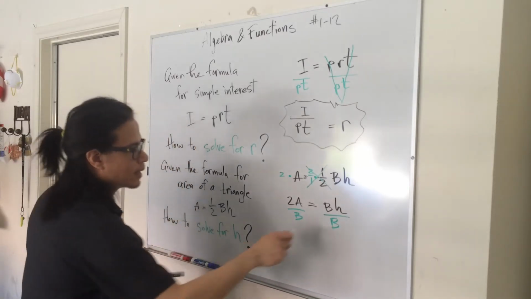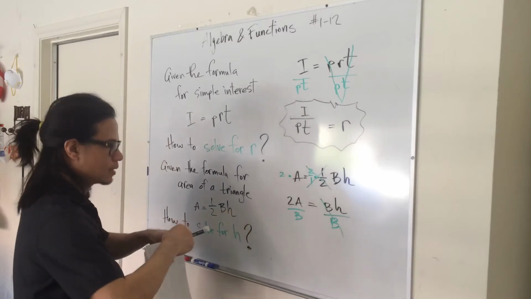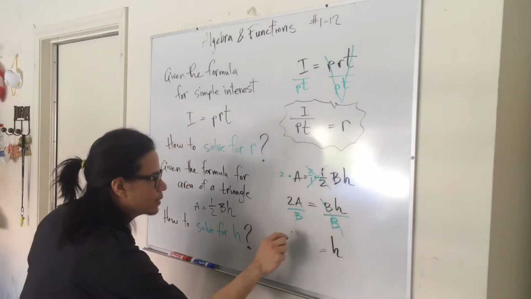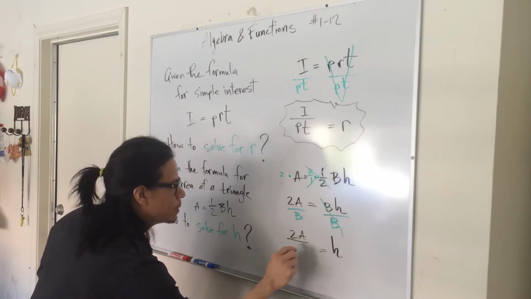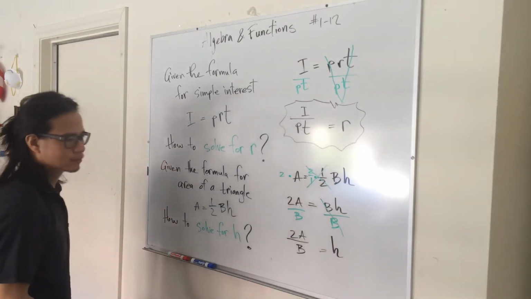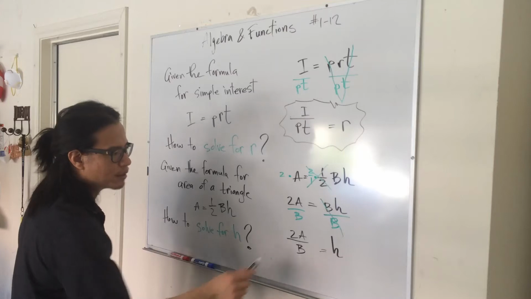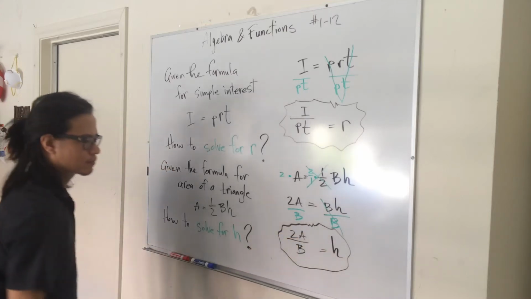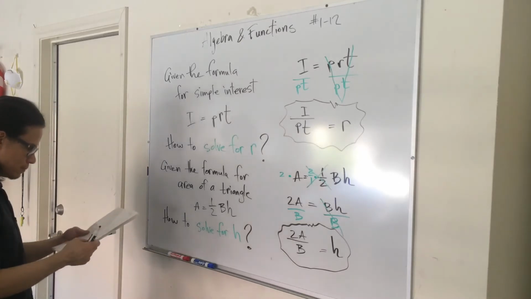So applying that to both sides, what you have left is just h on the right and 2a over b on the left. You've gotten h by itself, your job is done. So h is equal to 2a over b.